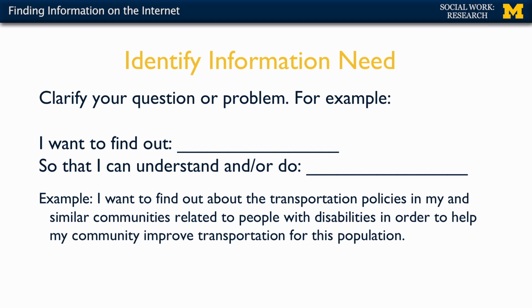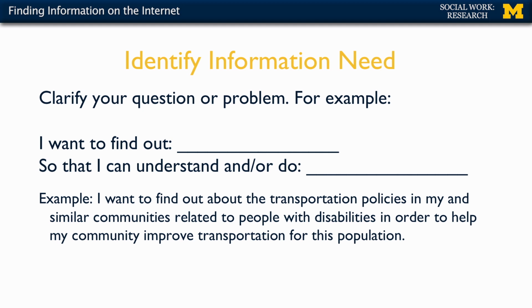You can further narrow this and think about this statement. For example, what do I mean by similar communities? Am I thinking about communities that have the same square mileage, the same population size, the same economic situation or circumstances?